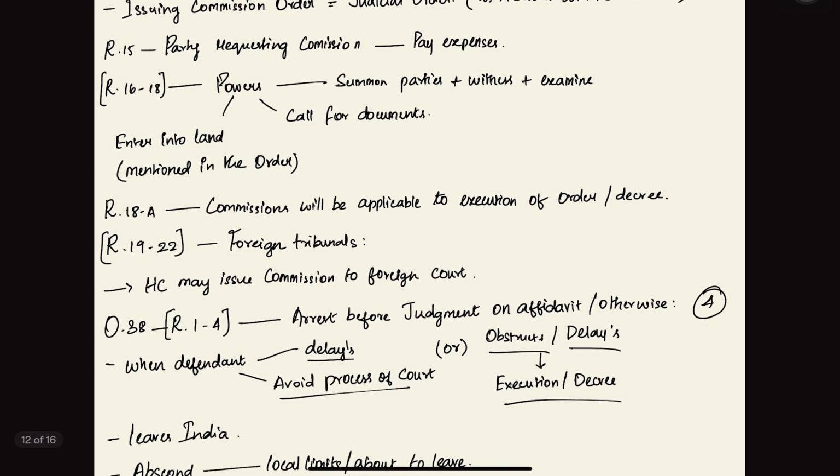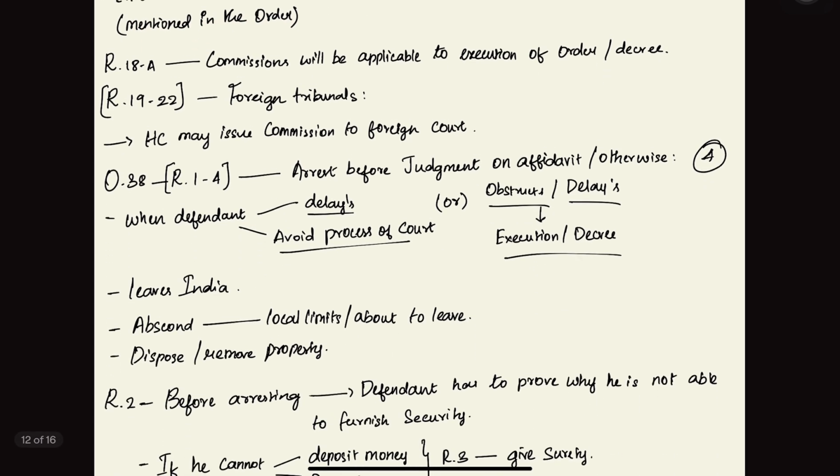Within Rule 16 to 18, the powers of the commission are given. That is, they have power to summon parties and witnesses and also examine them, and they can call for documents. They can enter into land, right? That is mentioned in the order only.